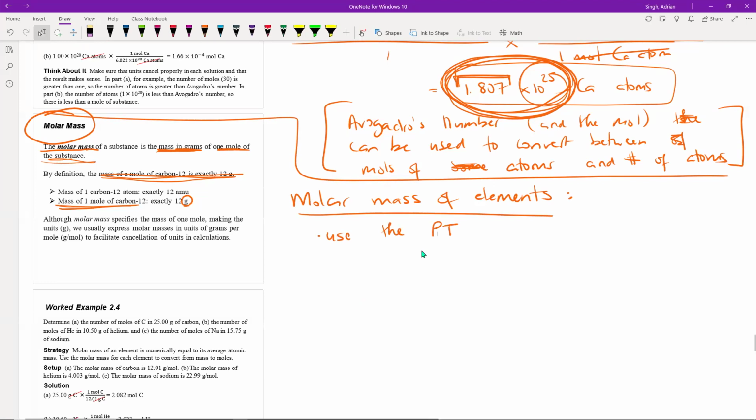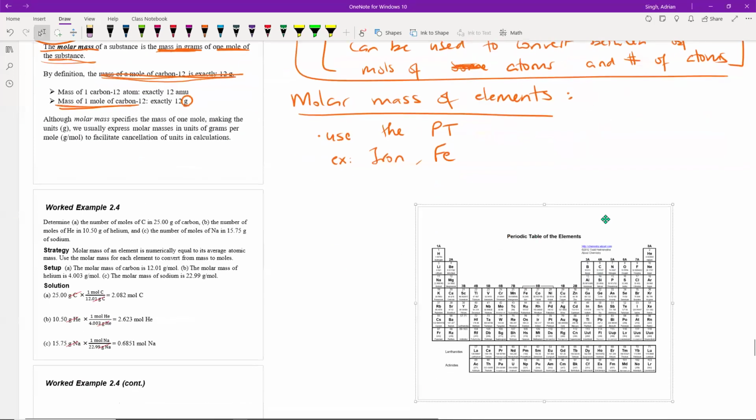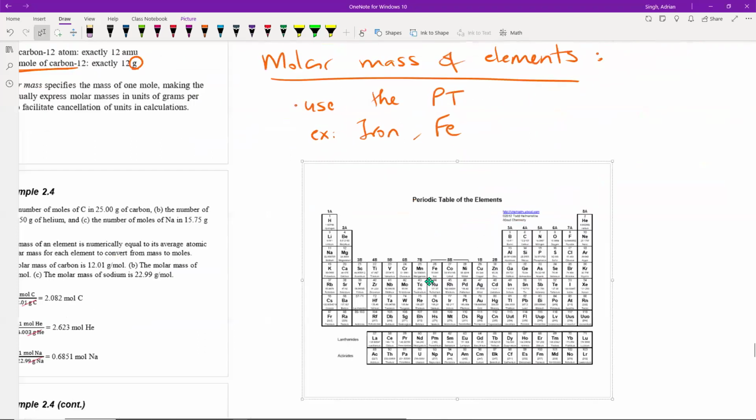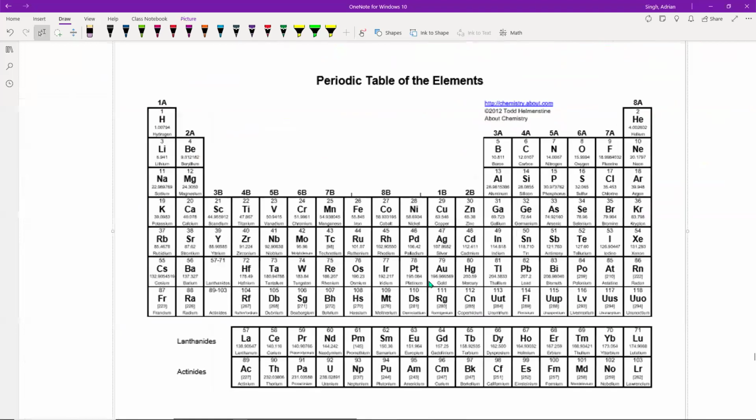Okay, so let's pick, for instance, iron, which has the symbol Fe. Okay, so there's my periodic table. I'm going to find iron in it. Let's see, iron is right there in the middle. Okay, so it is part of the transition metals. So there's Fe.